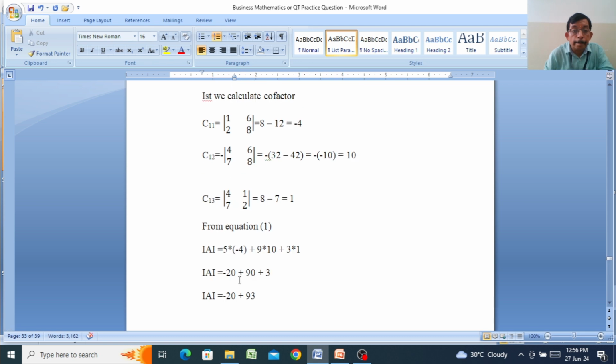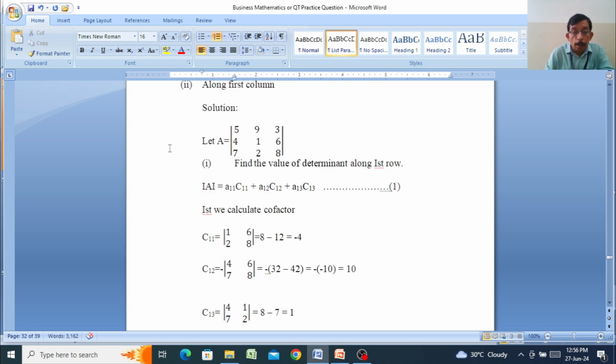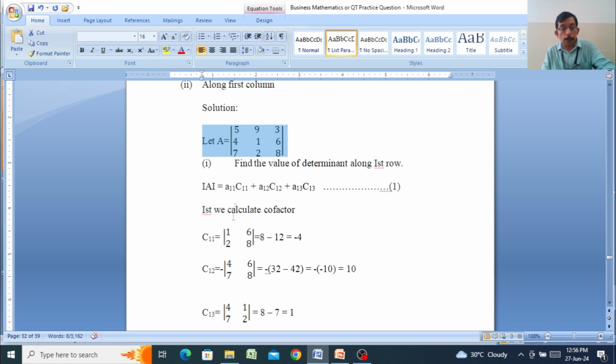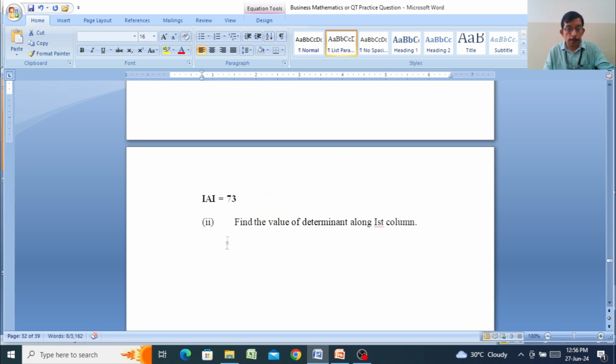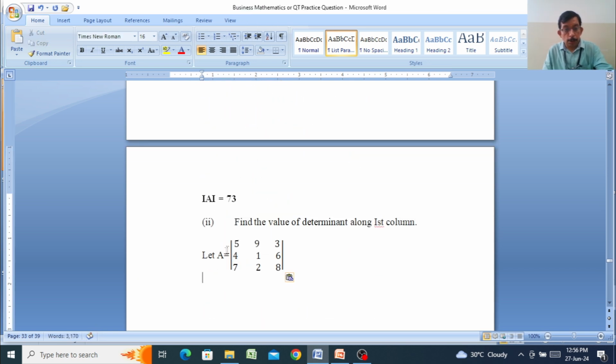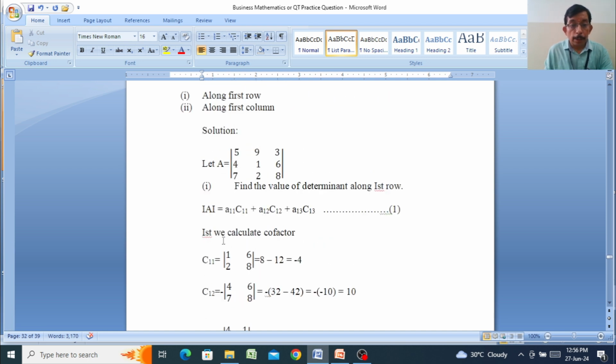Now firstly, note down the value of the determinant according to the first column.